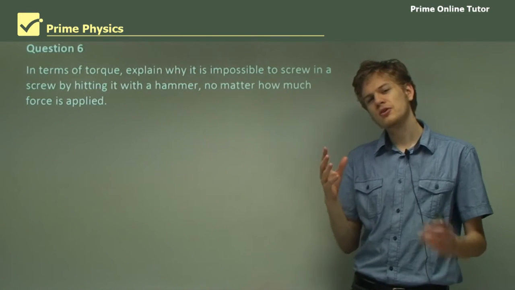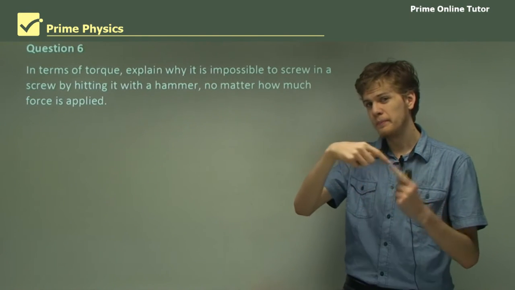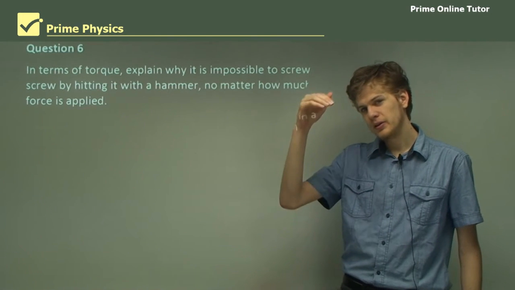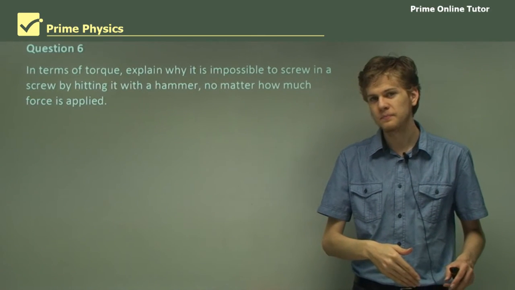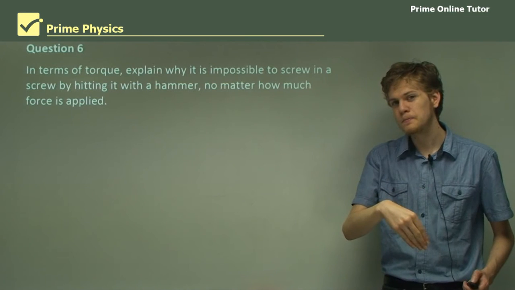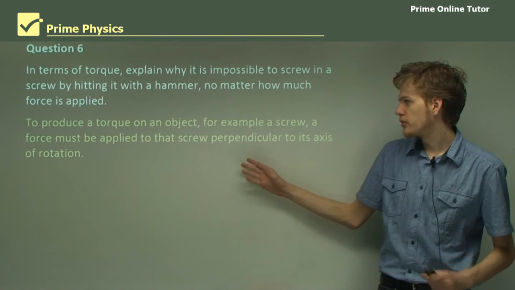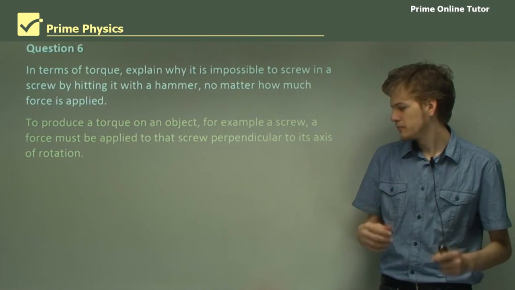Well, it's because if you want to produce a torque on the screw, that is, to screw it in, then you need to apply a force that is not parallel to the direction of the axis of rotation, right? You can't just push straight toward the axis. To produce a torque on the object, a force must be applied perpendicular to its axis of rotation, right?